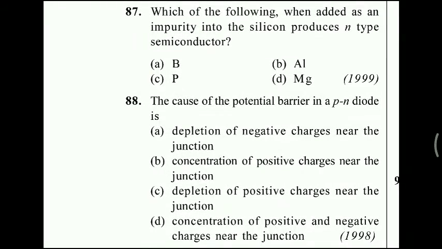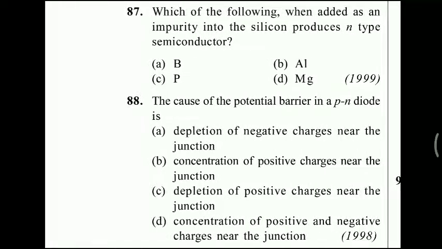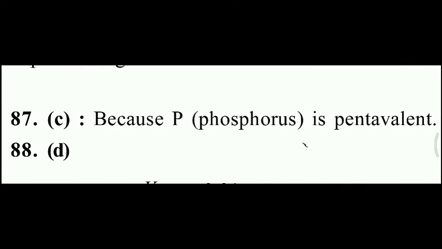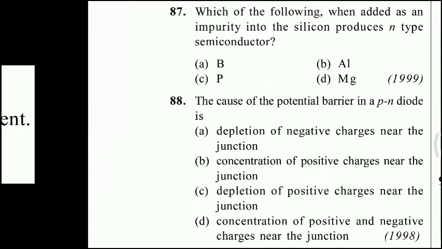Which of the following, when added as an impurity to silicon, produces an n-type semiconductor? Yes, C, phosphorus, because phosphorus is pentavalent.